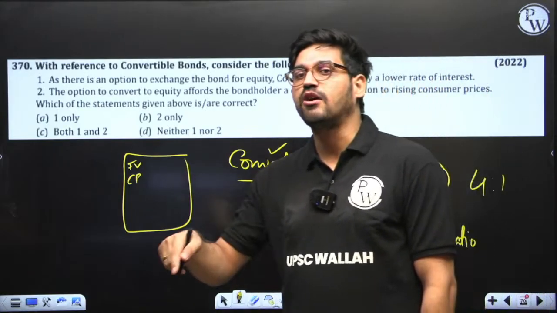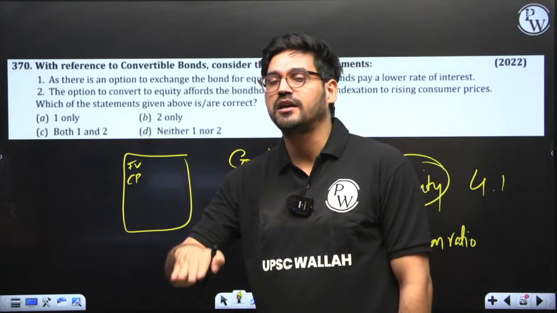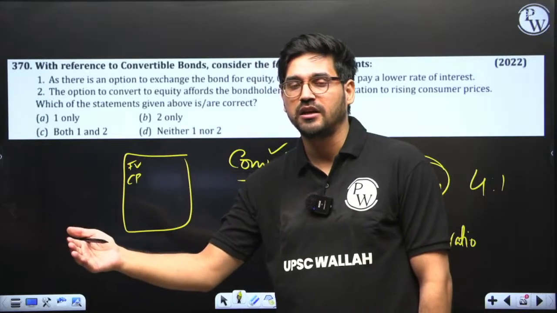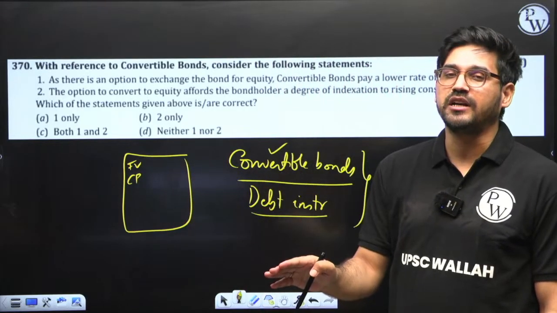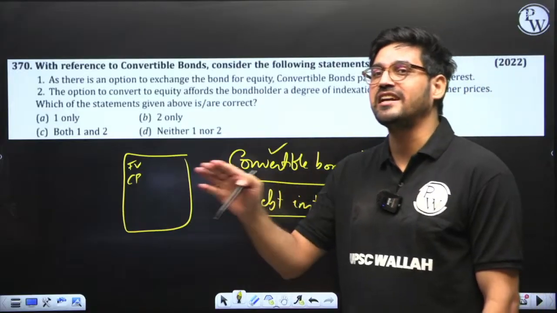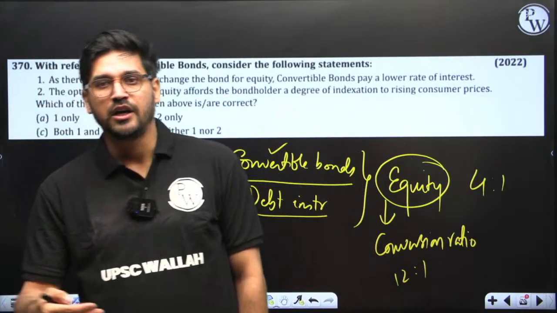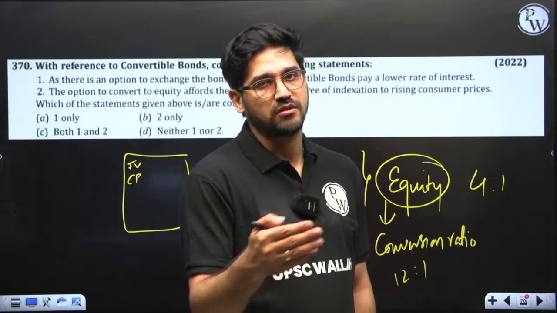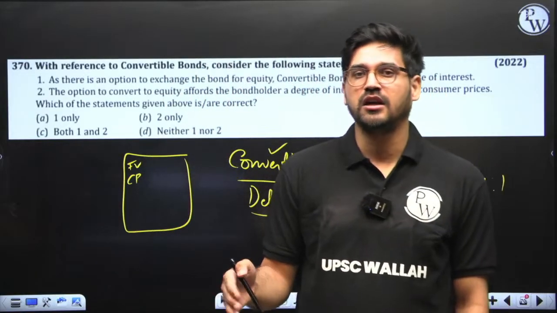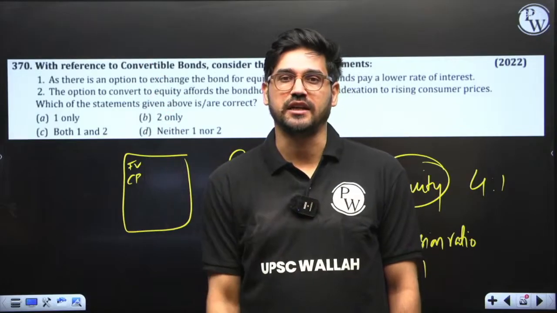If you are given the option to convert a bond into equity, the prices of equity are normally linked to inflation. That means as the economies witness inflation, you will find that stock prices, which are one of the commodities in the market, are also going to increase.